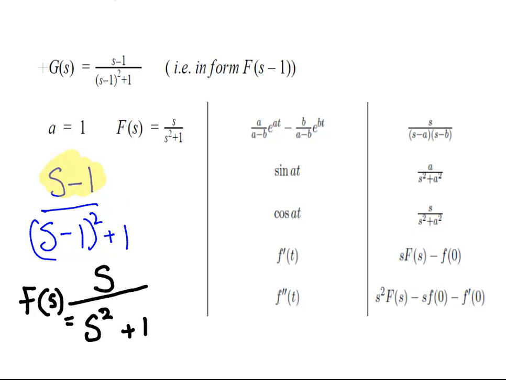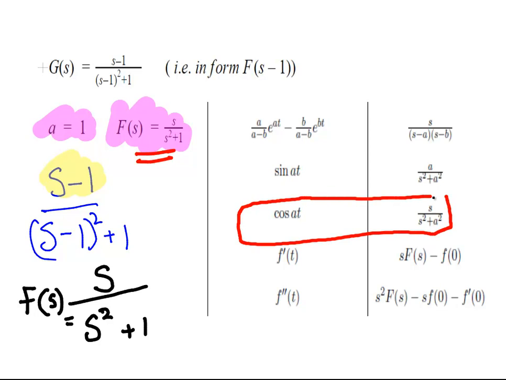So, what we have here now is a, and we have F of s, and what we're going to do is get the inverse Laplace transform of that. This is a pretty simple exercise. Use that one there. Now, these are the tables, by the way.